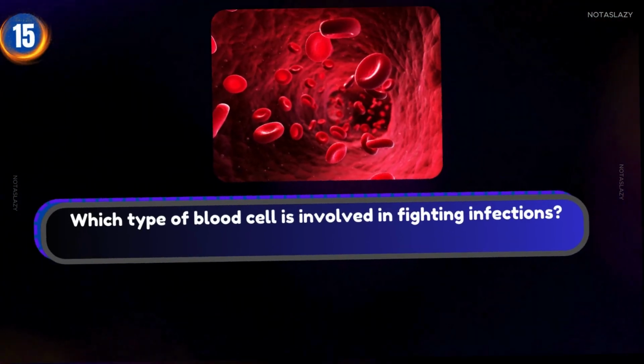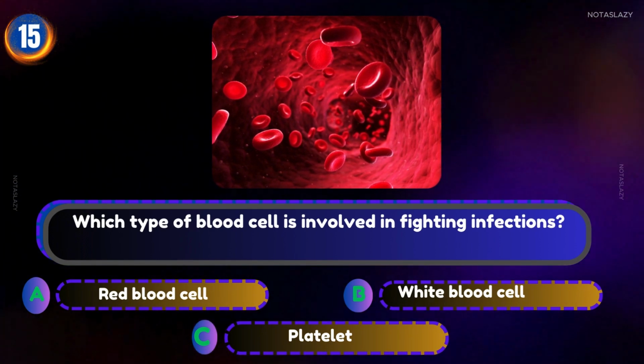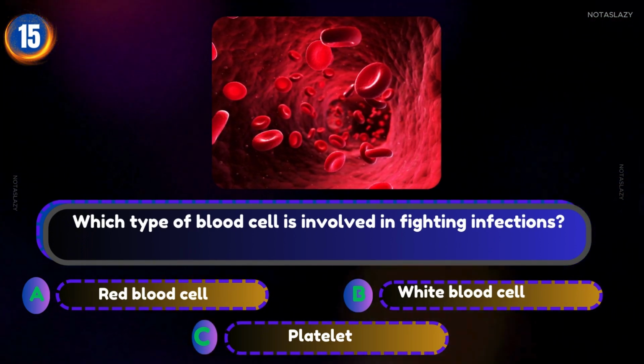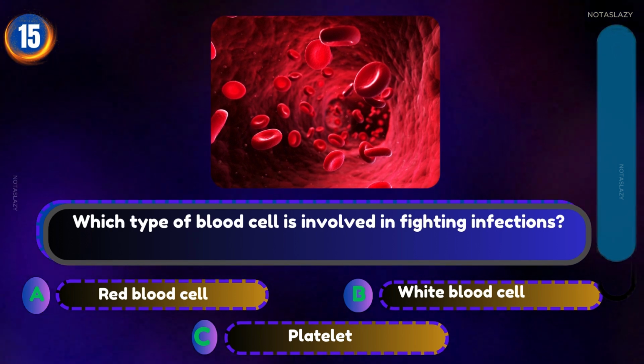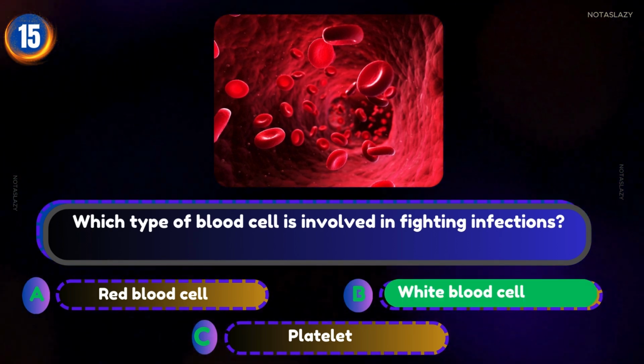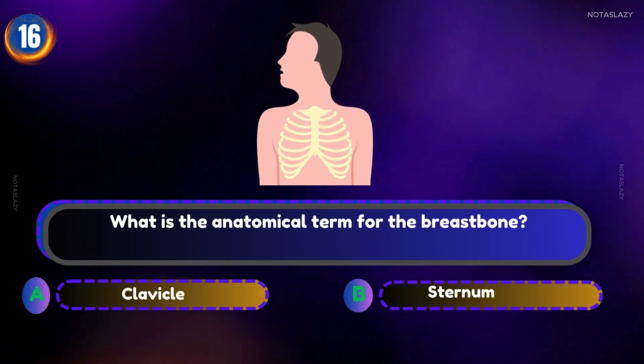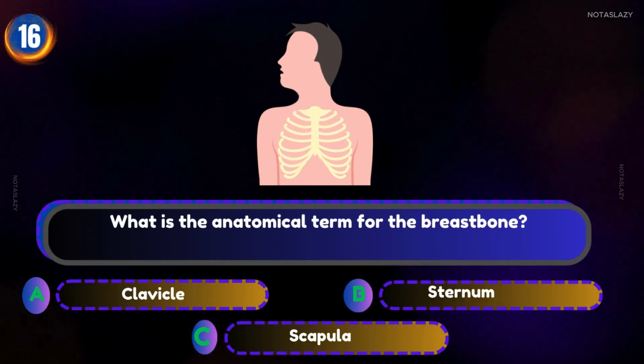Semicircular canals. Which type of blood cell is involved in fighting infections? White blood cell. What is the anatomical term for the breastbone?